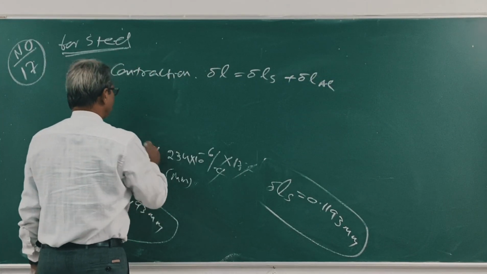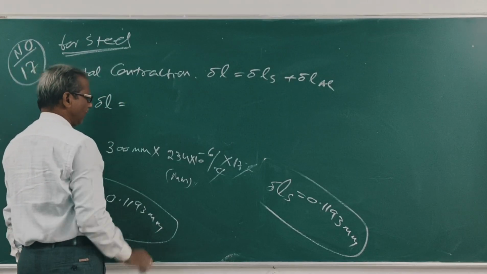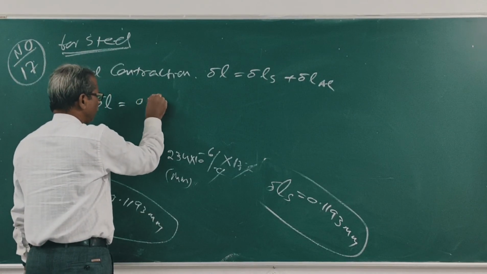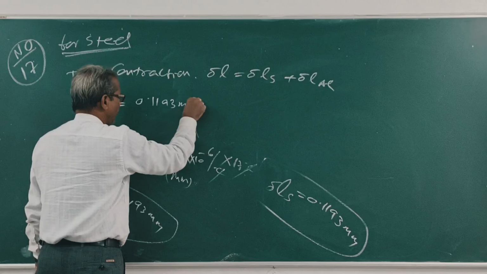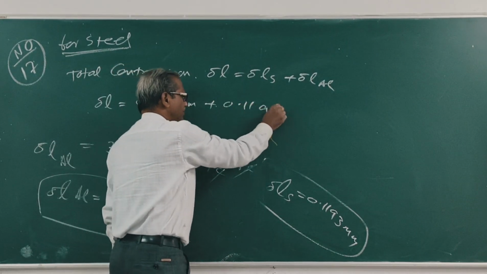So delta L is equal to 0.1193 mm plus 0.1193 mm.